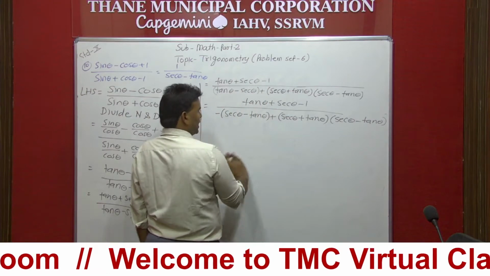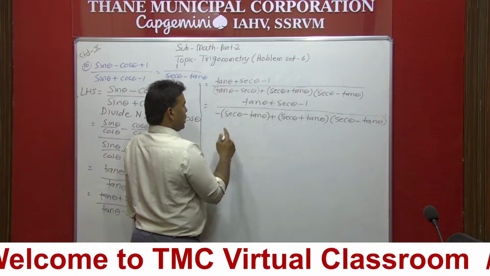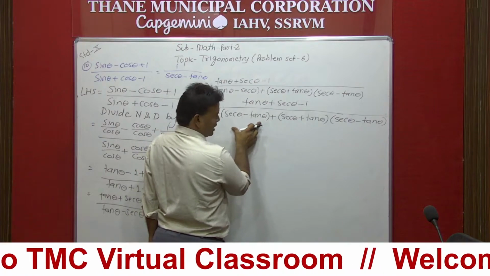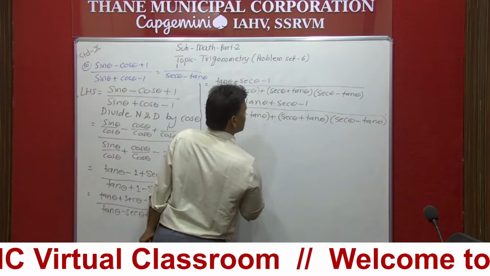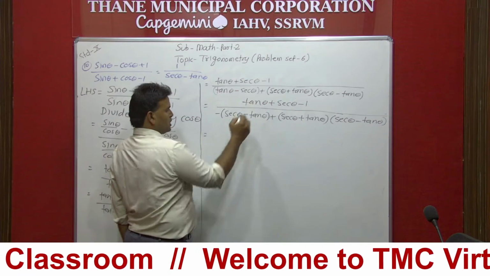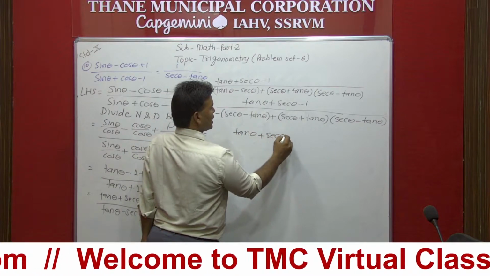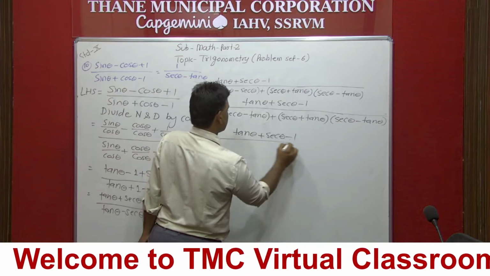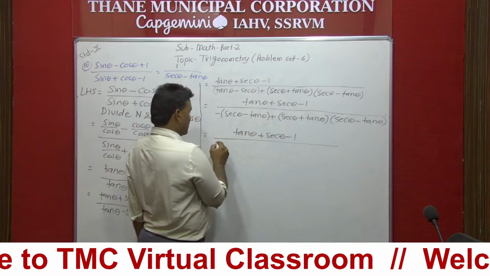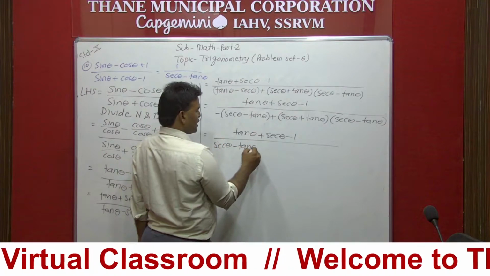Okay, after writing this, now what I will do, I will take common of sec theta minus tan theta, and here also we have sec theta minus tan theta, so I can take sec theta minus tan theta common. So let us take the common. This numerator is as it is, tan theta plus sec theta minus 1 upon, here I am going to take this common, sec theta minus tan theta.